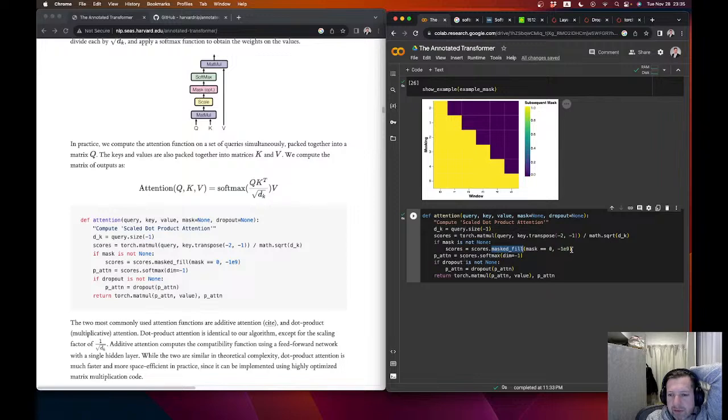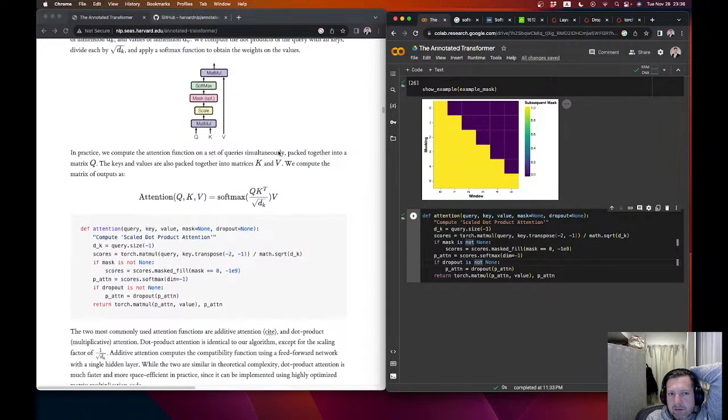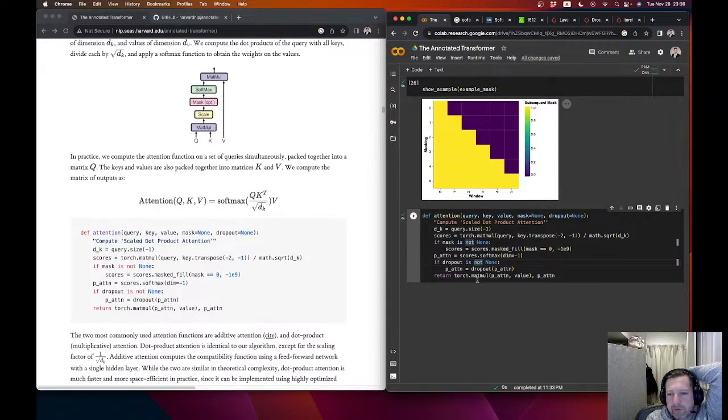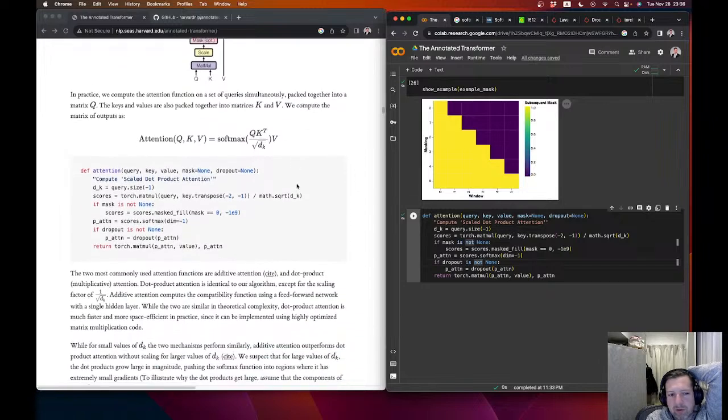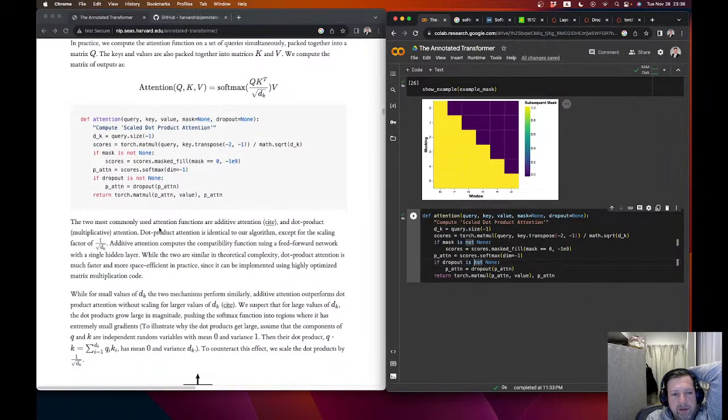If not, it doesn't, then does the softmax. And then I guess does dropout if you want. It doesn't really say that here in the diagram, but the code does have another dropout bit.